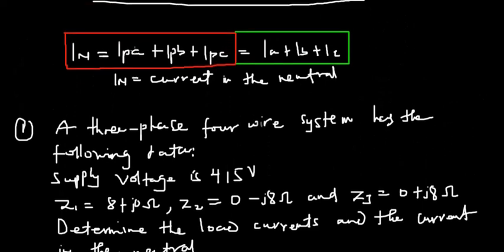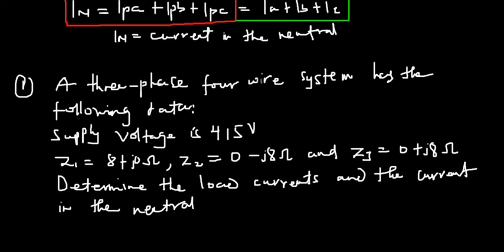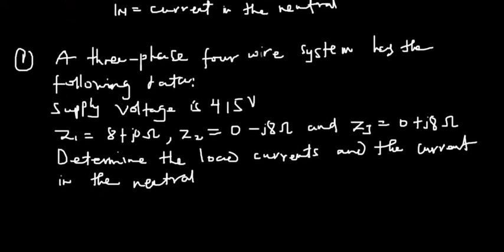So all you have to do is use the impedances to find the respective currents. After that, you sum the currents up and you are done. We already know this formula, we've been using it for a very long time. You just make I the subject and you are good to go.